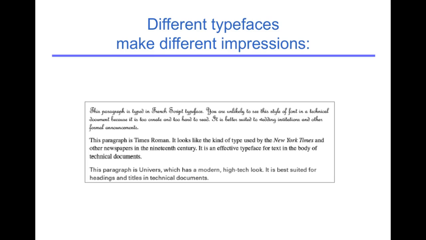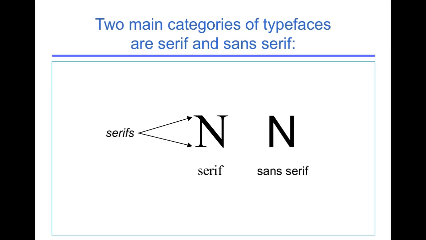And then the last line is Universe, and that has more of a modern high-tech look, and it's better suited for titles and headings in technical documents. And we're going to talk about this on the next slide. What I want to talk about here is serifs and sans serifs, and that may seem silly and really not that important, but they really do play an important role.